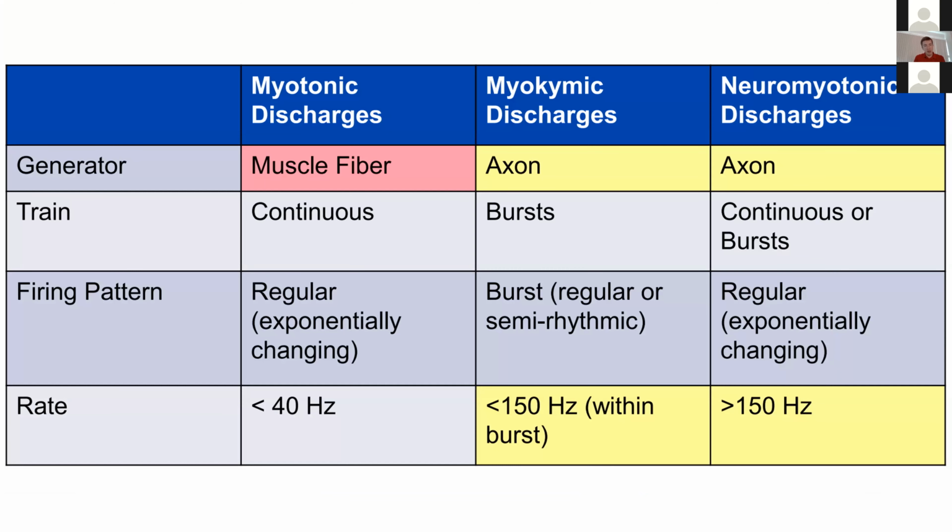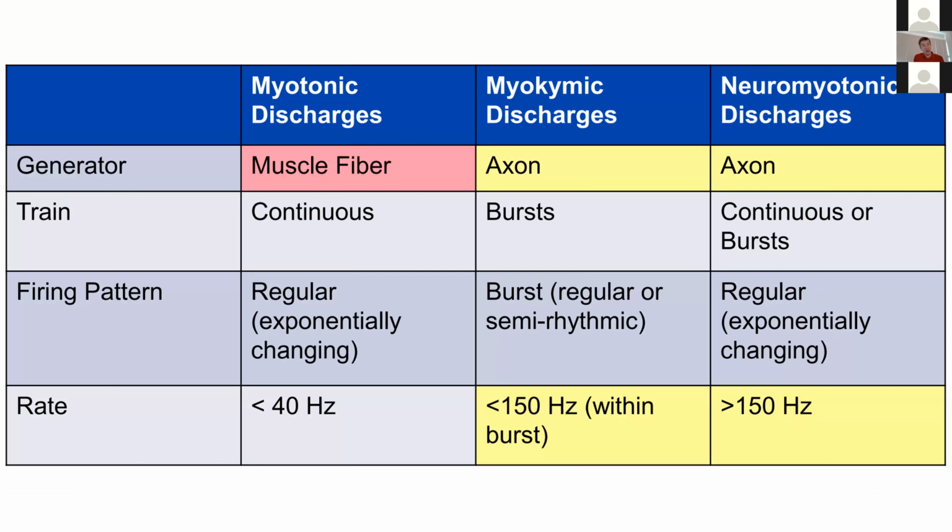Here again, we try to differentiate myotonic discharges from myokymic and neuromyotonic discharges. Myotonic discharges appear from the muscle fiber itself, while myokymic discharges appear from the axon. In myotonic discharge, we have a continuous firing of the discharges of the muscle fiber. In myokymic discharges, we have the typical bursts.